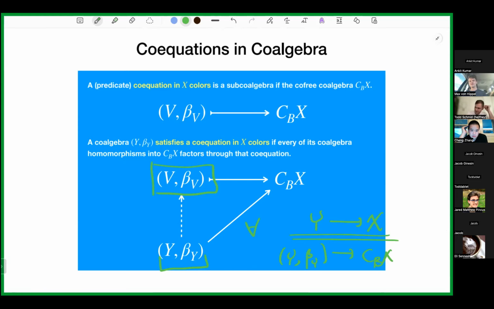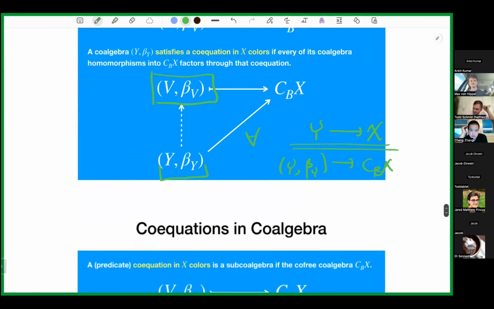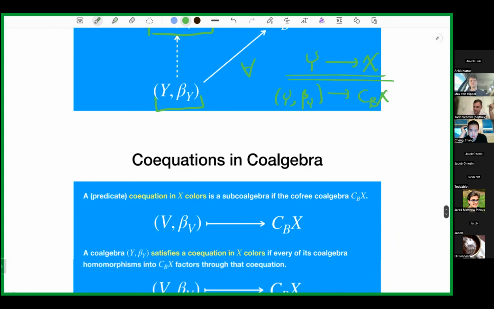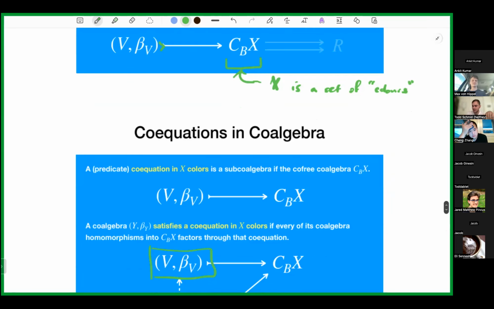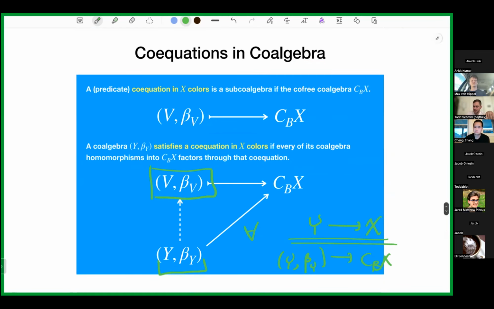Okay, so there's a slogan that comes along with this. Just to go back to this picture, the colorings give an unraveling of these infinite trees based on your automaton, your labeled transition system, or whatever you have on your hands.